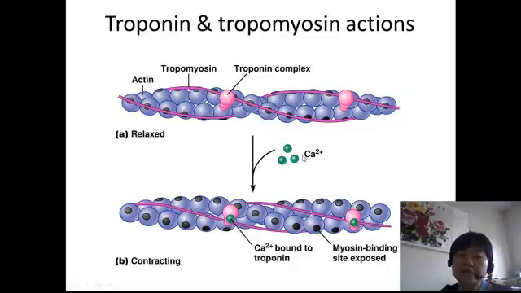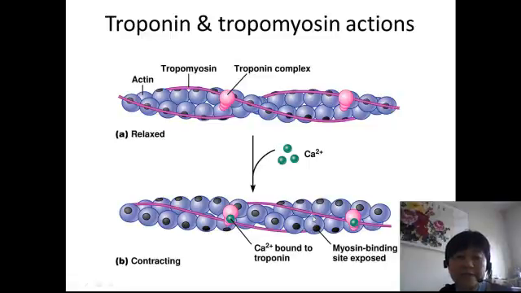When calcium ions bind with troponin, this is like a key. When calcium ions open the lock, the door of tropomyosin is opened. Then the myosin binding sites are exposed.